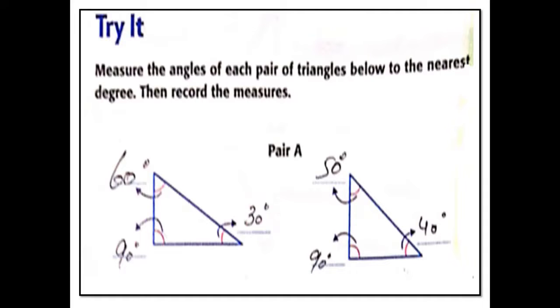You should know how to measure the angles of a triangle. Take a protractor and put the center of the protractor at the end of the line, and the black line of the protractor should match the line that is touching.